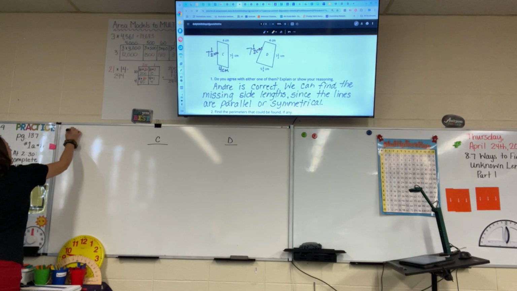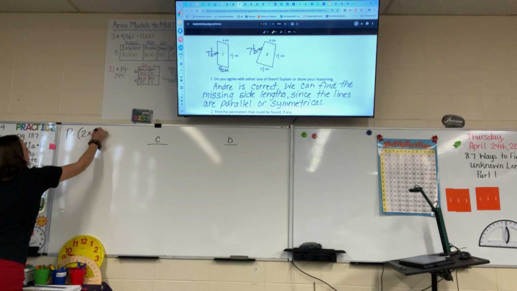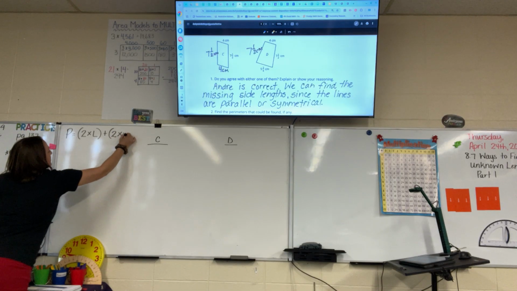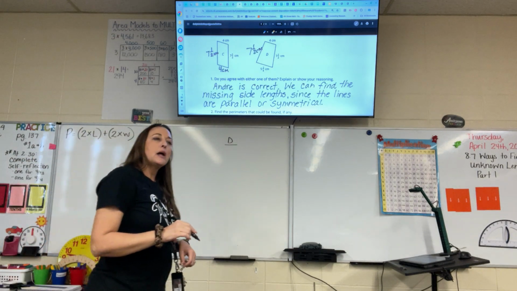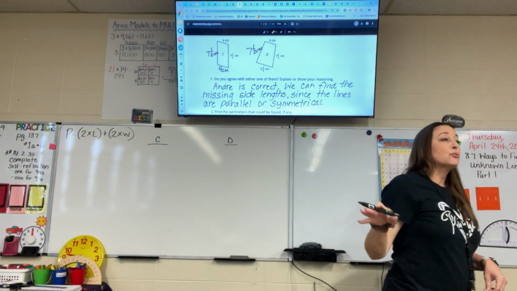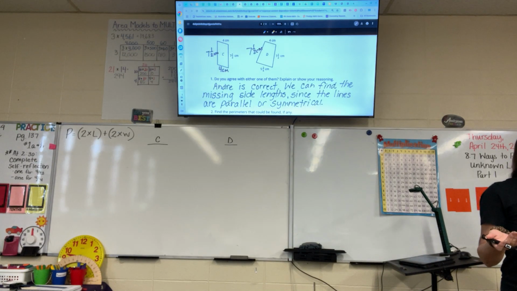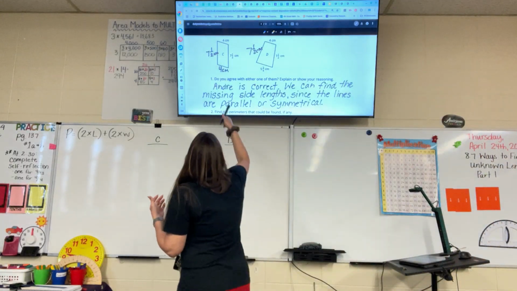Perimeter equals 2 times the length plus 2 times the width. On the MAP tests, they are not going to expect you to remember all of the formulas you're going to need, so they will provide those. Then you just plug in the numbers, right?